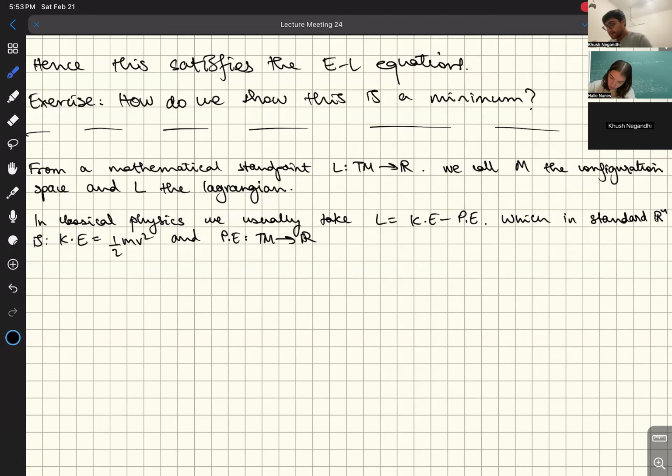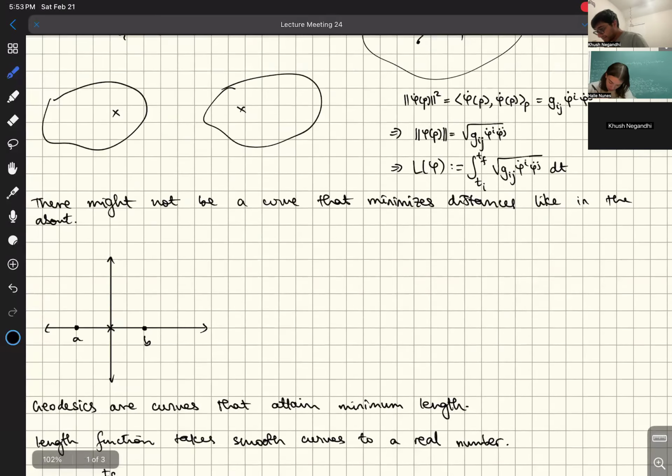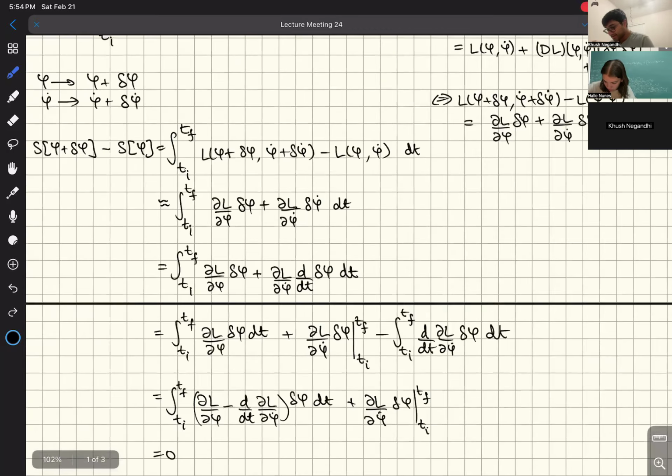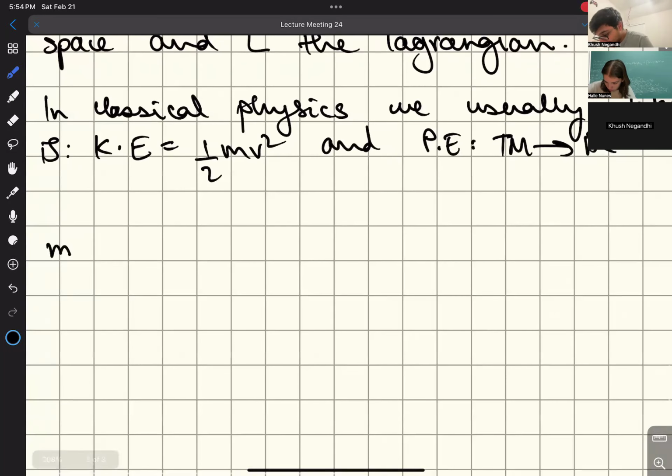If we look back at the length of something, it had Gij phi dot i phi dot j. So if you had a particle of mass m in Rn, the Riemannian metric of its configuration space would just be m.